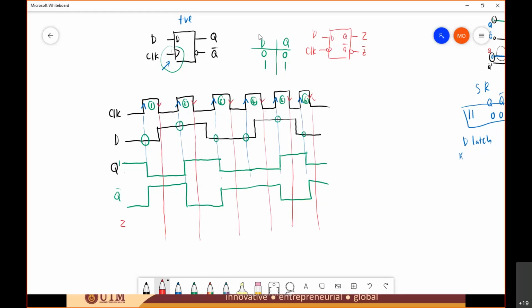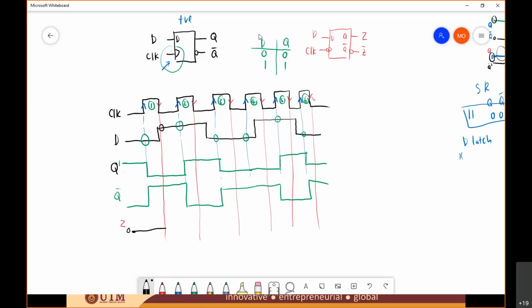Okay, let's say Z started with the initial value of Z is kosong. So this kosong here, until the first falling edge, you lukis dia sama dengan kosong. And at the moment the clock is on the falling edge, you need to see the inputs.